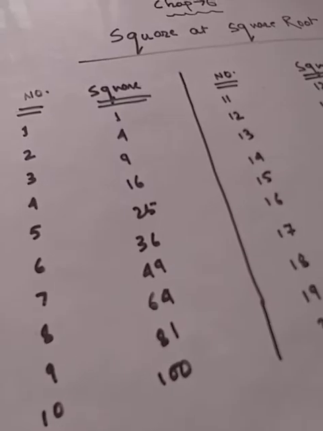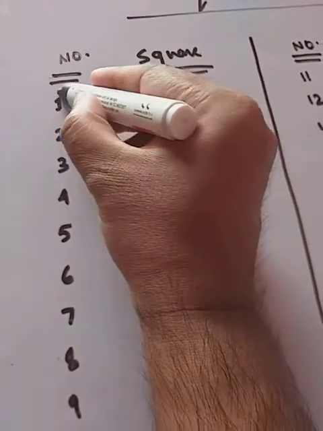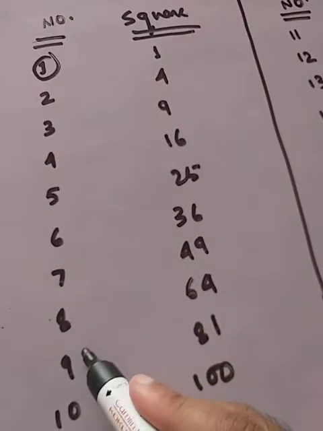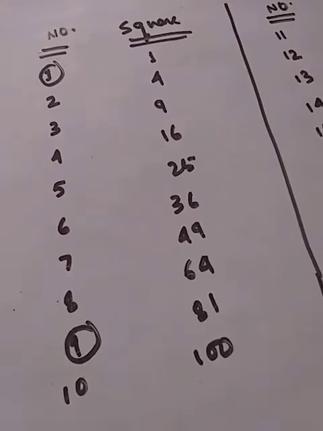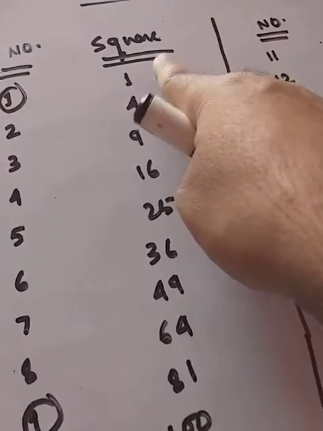Now we'll understand some very important properties from this particular table. Carefully observe 1 and 9. If any number carries 1 or 9 as its unit digit, and you square that number, the answer will carry 1 as its unit digit.